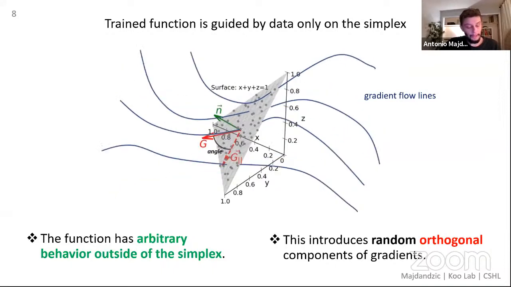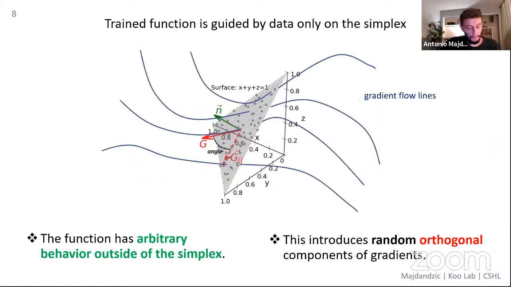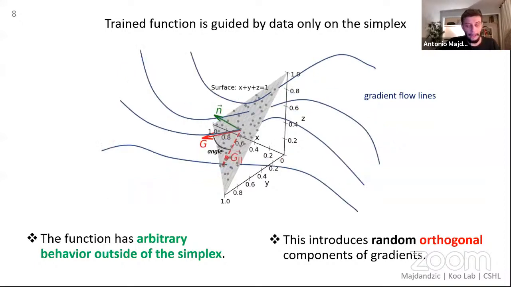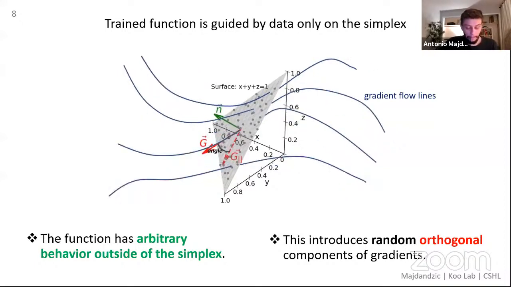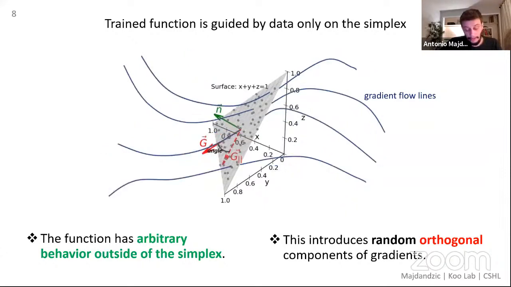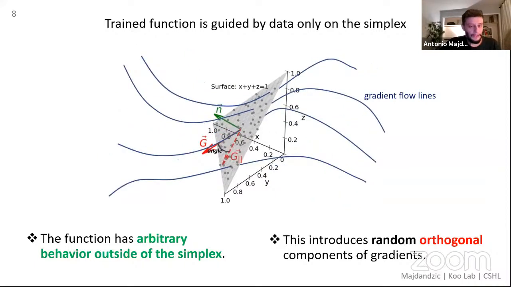Here lines represent gradient flow. It's basically a way to illustrate the function in space. An important point is that this random function behavior outside of the simplex does not affect predictions because all data lie on the simplex, including the test data. But this could introduce issues in the gradients, which do rely on the function behavior outside of the simplex.